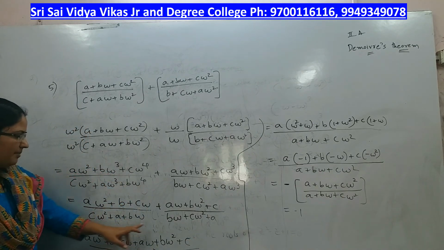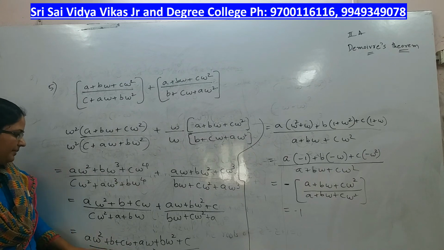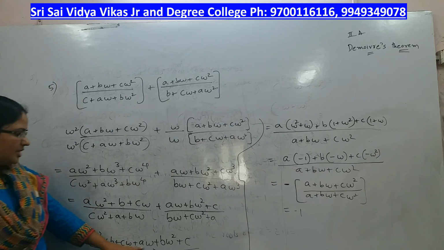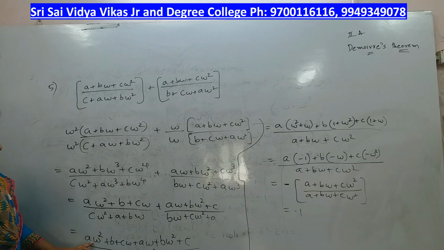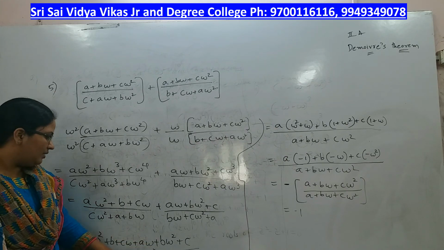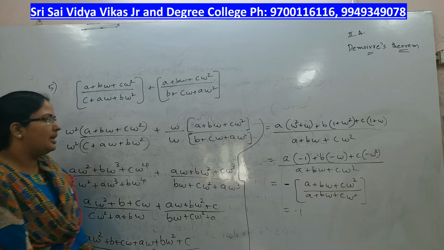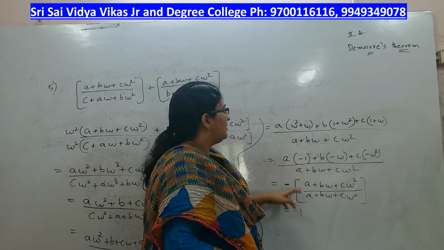These two are the same, so write it as (a + bω + cω²). Here you have, LCM is this: aω² + b + cω + aω² + bω² + c. Now a(ω² + ω), b(1 + ω²), c(1 + ω), over (a + bω + cω²).